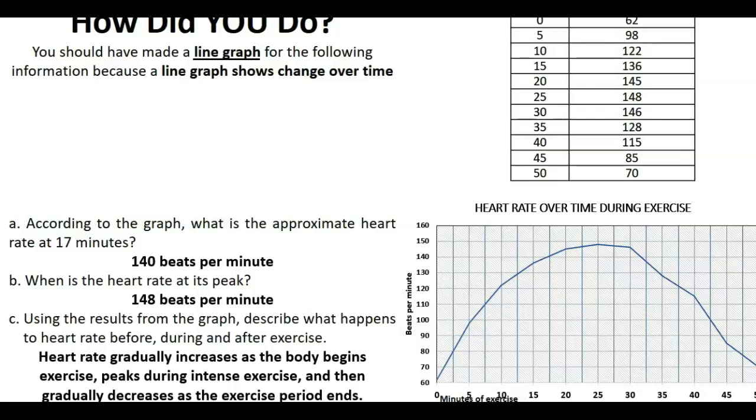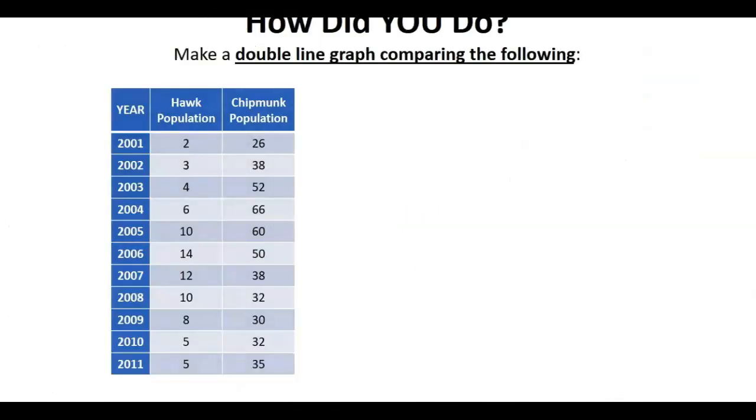In your graph that you have made, please make sure you have all of tails with the title describing the data, our X and Y axis, label, a good scale and interval. You are going to make, for our third and final practice, a double line graph comparing the following.